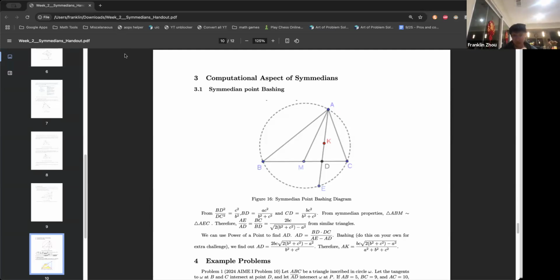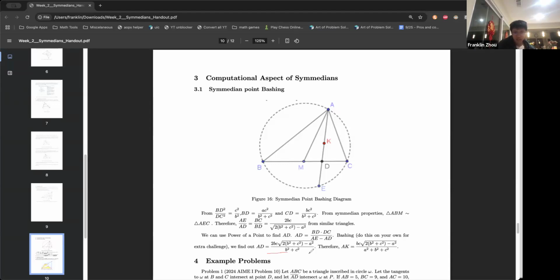Okay. So basically, sometimes you'll see this in computational contests. I personally haven't used this that much, but it could be useful for AIME if MAA decides to troll. You can bash using this midpoint, and you can find a ton of lengths involving it.